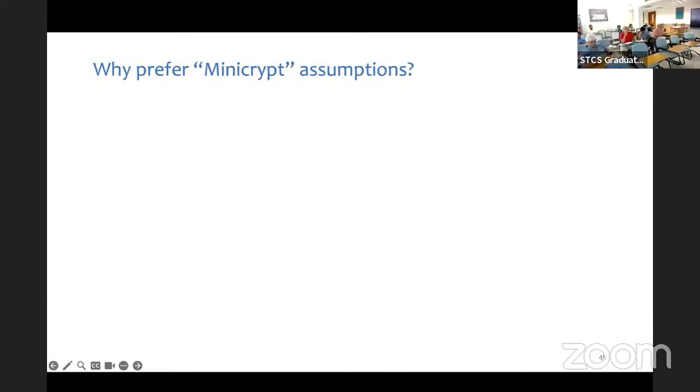So we typically want client storage to be sublinear in the size of the database. It's better if we can make it polylog, but at least sublinear. We want sublinear server computation, sublinear client computation, and sublinear communication, at the very least.